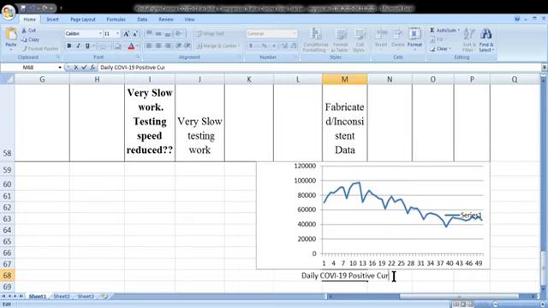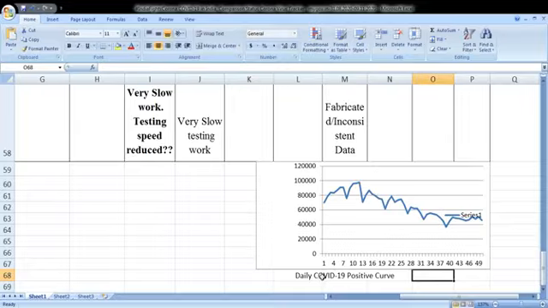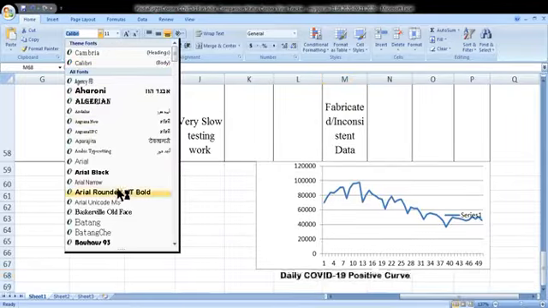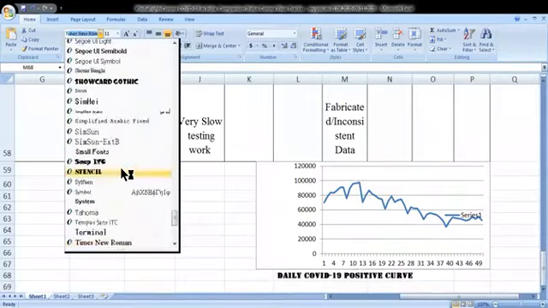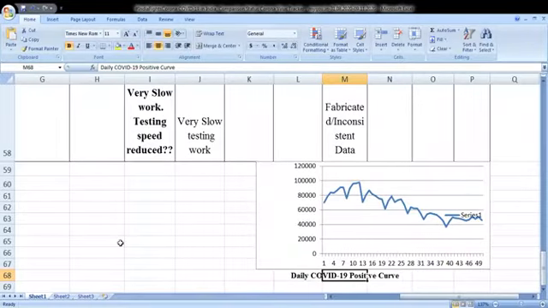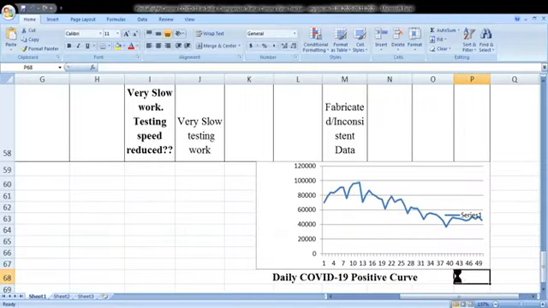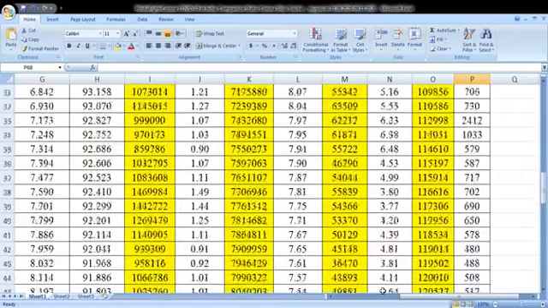So I should say COVID-19, and I will highlight the title here. So this is, I can say, 14 here, this COVID-19 positive curve. You must understand this point, it's very important. And then I'll update this whenever I get information.